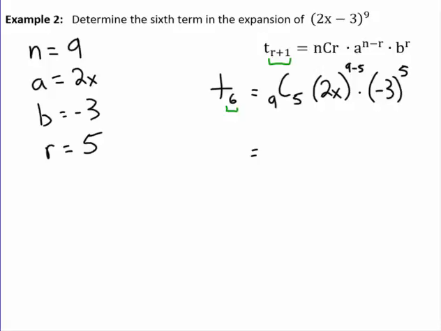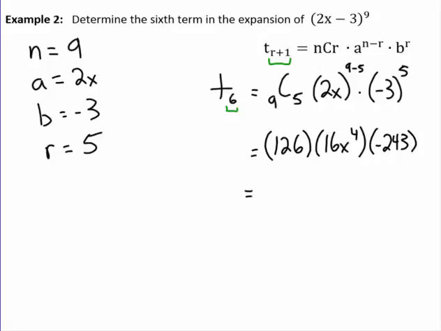Well, 9c5 is 126. 2x to the 9 minus 5, well, 9 minus 5 is 4. So this would actually become 16x to the 4. And negative 3 to the 5 is negative 243.